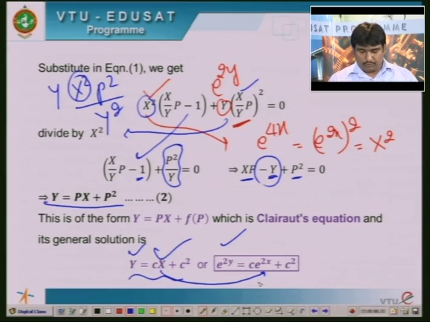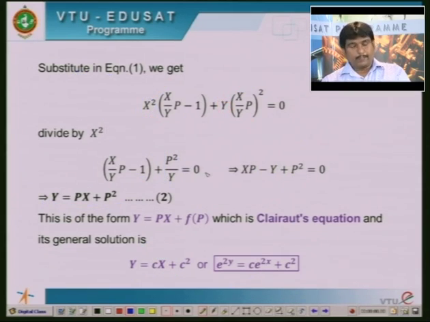This is the general solution. If you want a singular solution of this differential equation, you differentiate all these things with respect to c, the arbitrary constant c, treating x and y as constants.